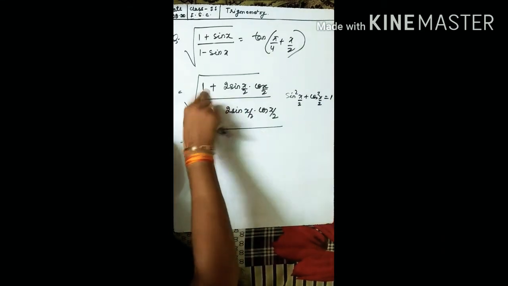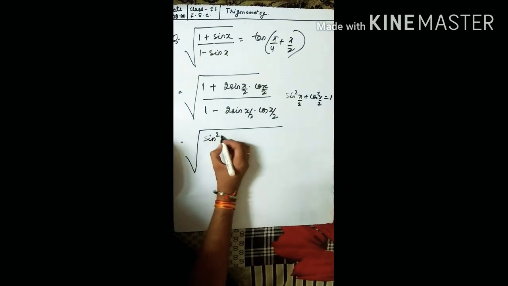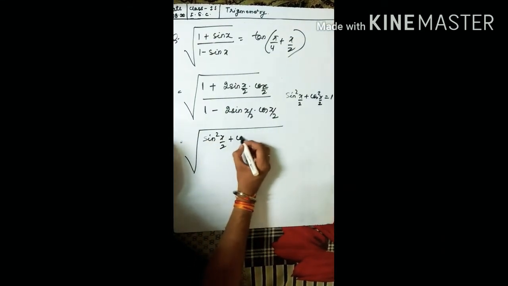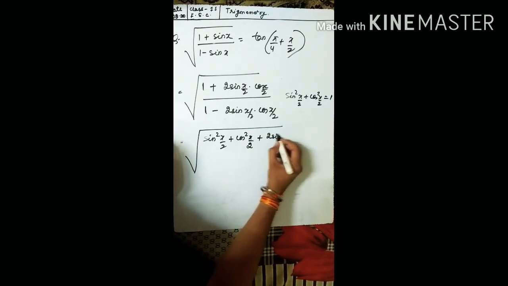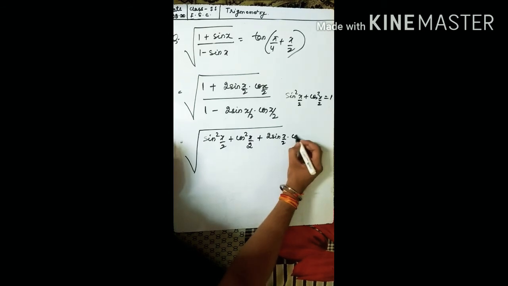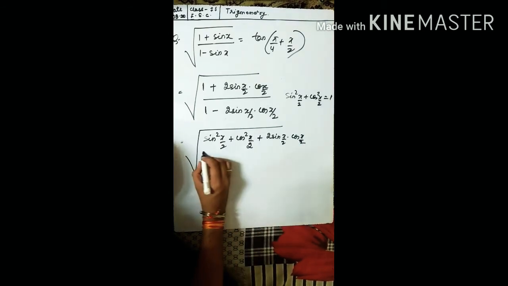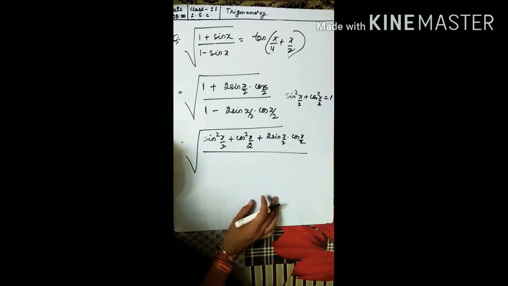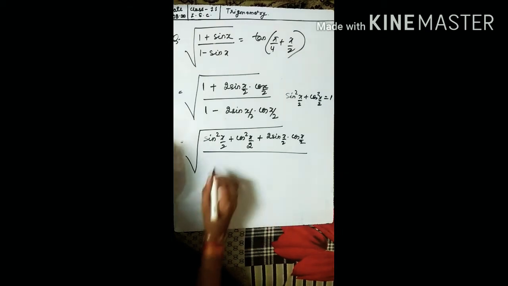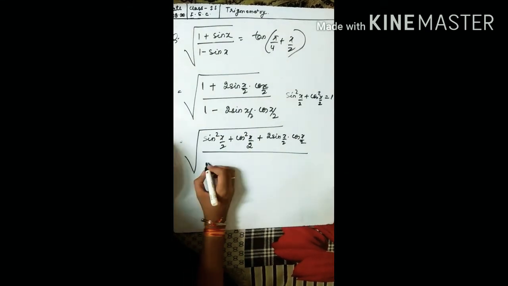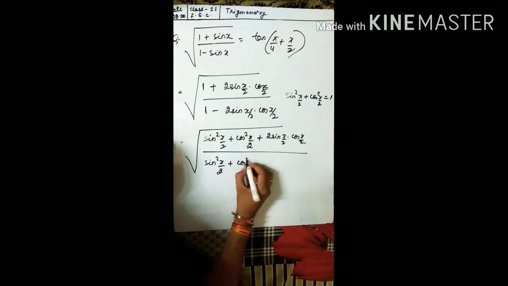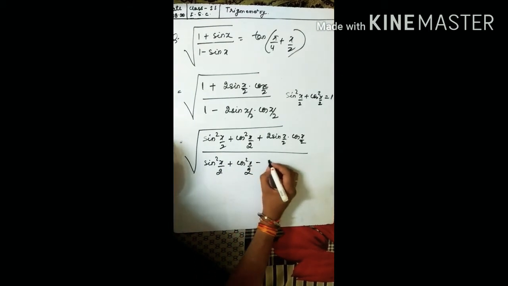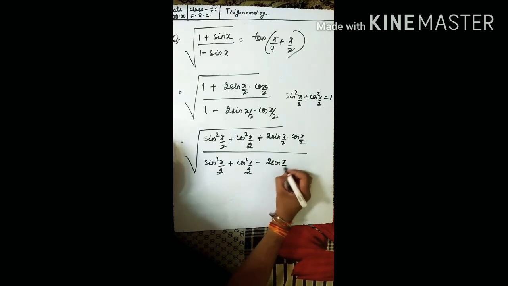So in place of 1 we are writing sin square x upon 2 plus cos square x upon 2 plus 2 sin x by 2 cos x by 2, whole divided by, in place of this 1 we are again writing sin square x upon 2 plus cos square x upon 2 minus 2 sin x by 2 and cos x upon 2.